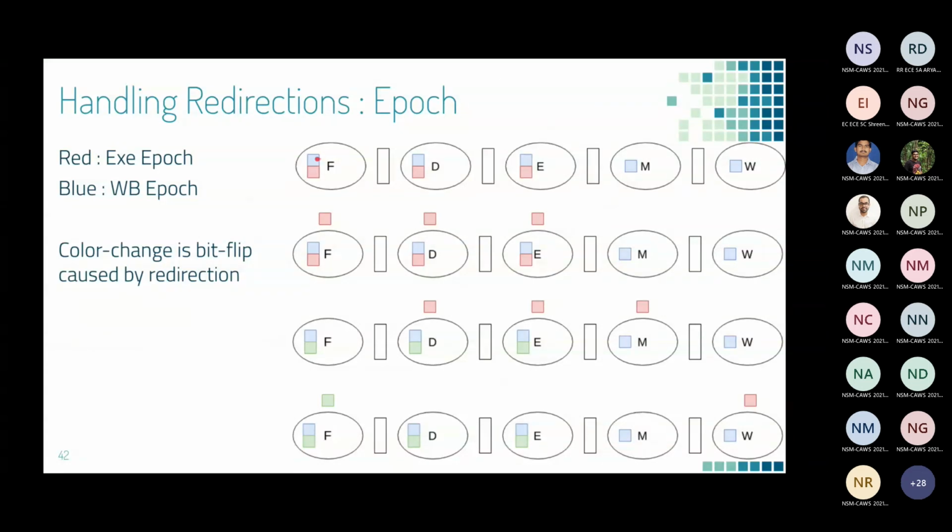So the fetch stage will have 1 epoch bit which will indicate the write back epoch, and the second epoch bit which will indicate the execute epoch. And only execute can flip the red bits, and only write back can flip the blue bits if there is a redirection. So the whole idea of flushing a pipeline becomes very simple. It ends up being just 5 bits or 5 registers, or here 8 registers across the pipeline. And you just have to compare these 1-bit registers to check whether you need to execute or drop that particular instruction from a particular stage.